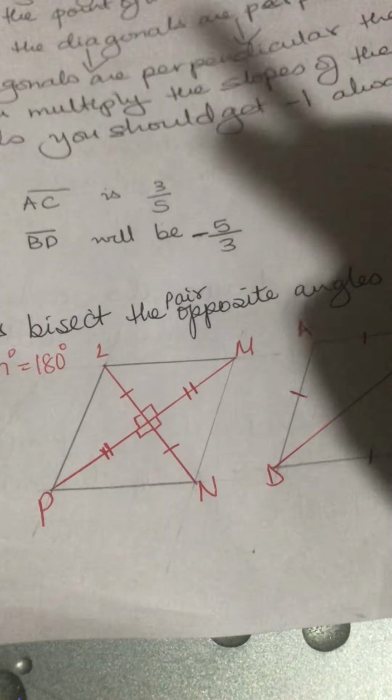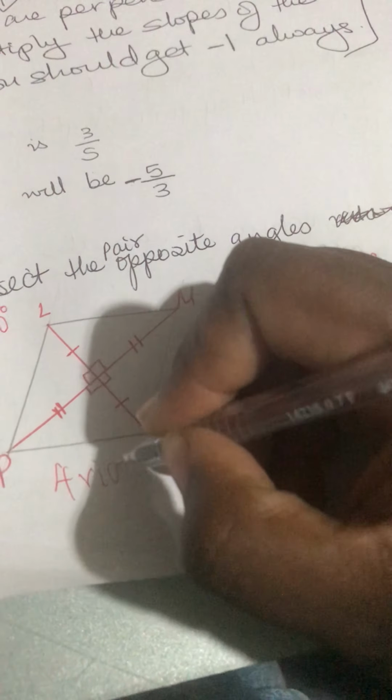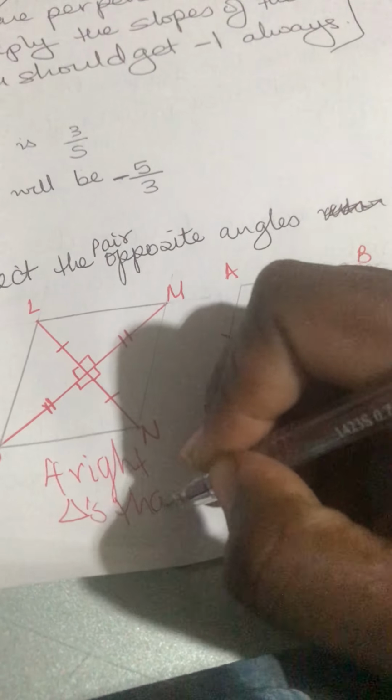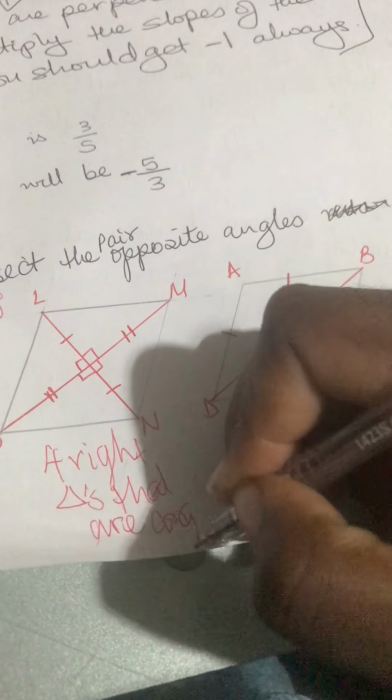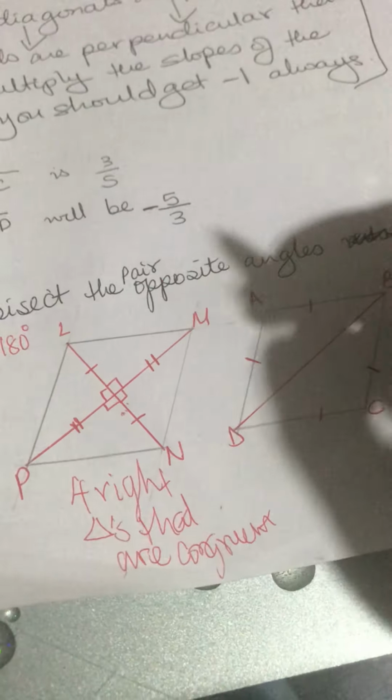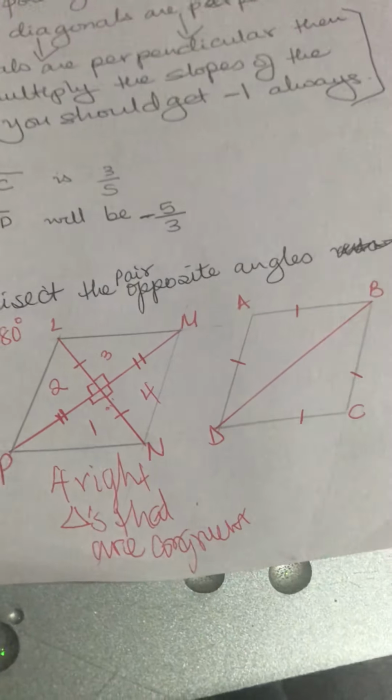They are just 4 right triangles that are congruent. That's what this picture shows. This is my first triangle, which is the same as the second triangle, which is the same as the third triangle, which is the same as the fourth triangle.